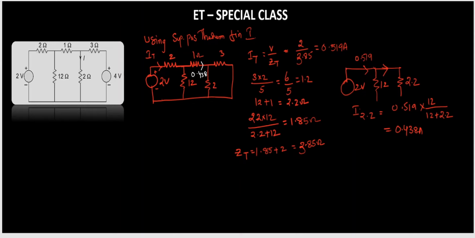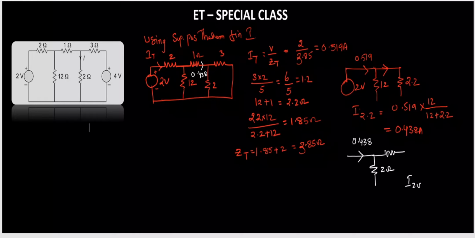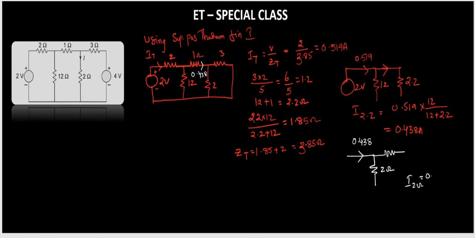So this 0.438 is divided in these two resistances, 2 and 3. I want the current in the 2 ohm resistance, right? So I in the 2 ohm resistance is equal to 0.438 into the opposite resistance, 3 ohms: 3 by 3 plus 2, that is 5.